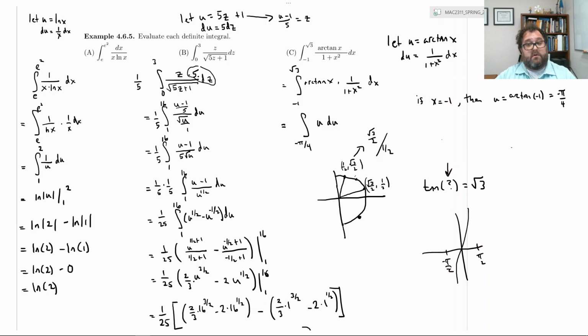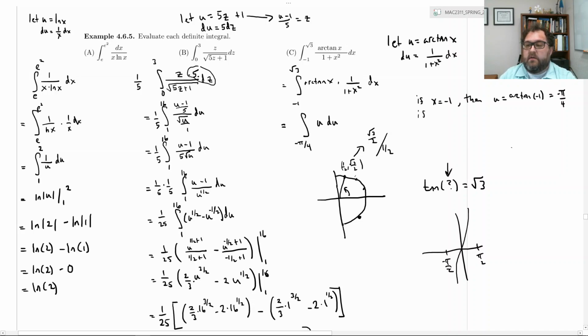So you get radical 3. So what's that angle? That angle is pi over 3. And so our updated upper limit is going to be pi over 3.